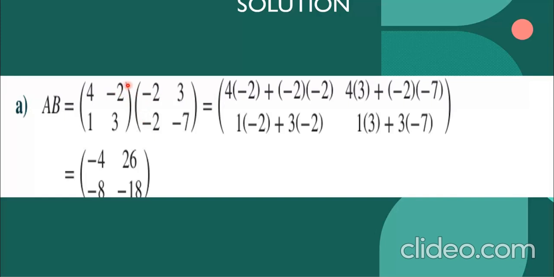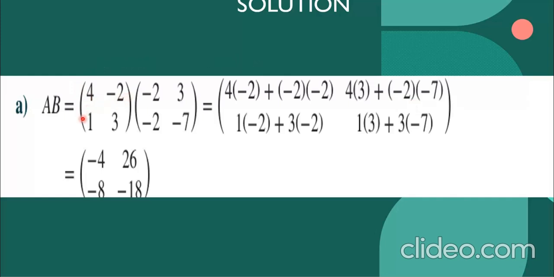Minus 2 times, know that is row times column. So minus 2 times minus 2, and 4 times 3, minus 2 times minus 7. That gives us this. So we are done with this row.